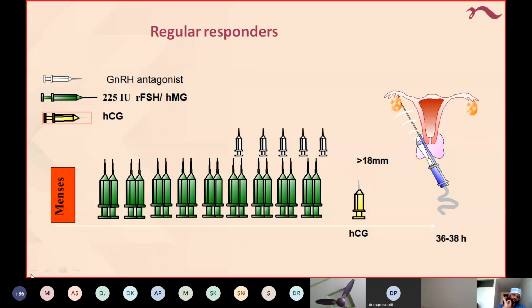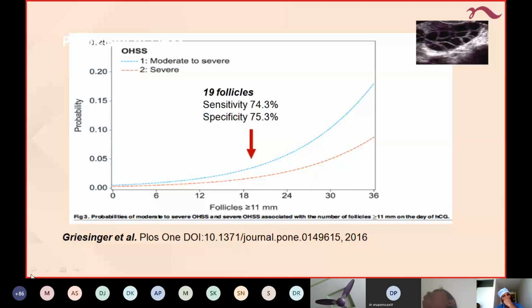By the TVS route, we pass a needle and we remove the follicles. And OHSS is a possibility, as observed by Brissinger et al. What he has written in his paper is that on an average, between 17 to 19 follicles and above, you may have a possibility of OHSS.